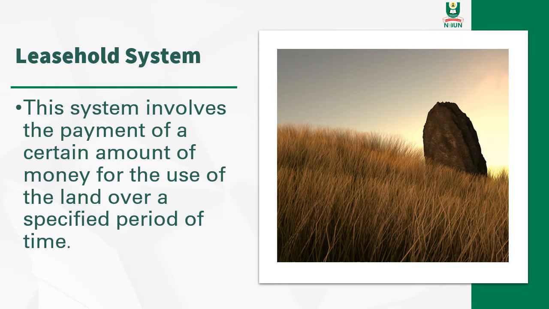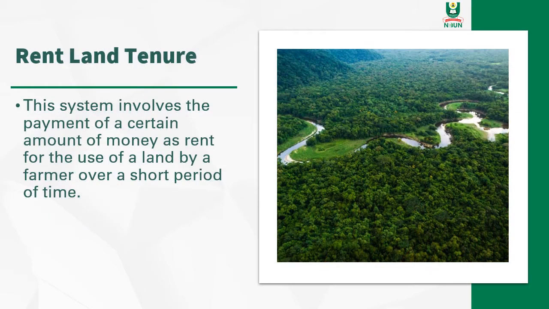Another type is the leasehold system, and just like from the name, this system involves the payment of a certain amount of money for the use of the land over a specified period of time. The rent land tenure also involves payment of a certain amount of money as rent for the use of a land by a farmer over a short period of time.